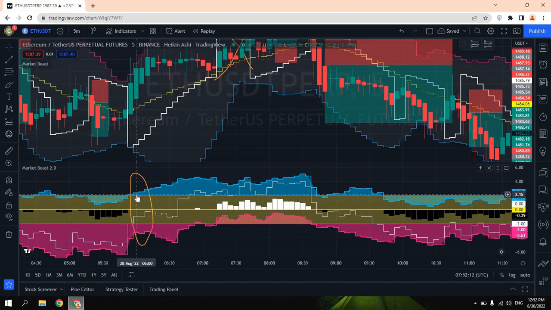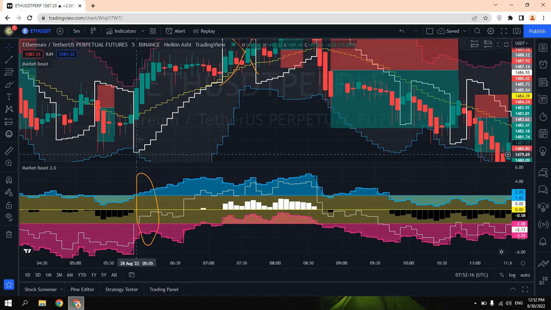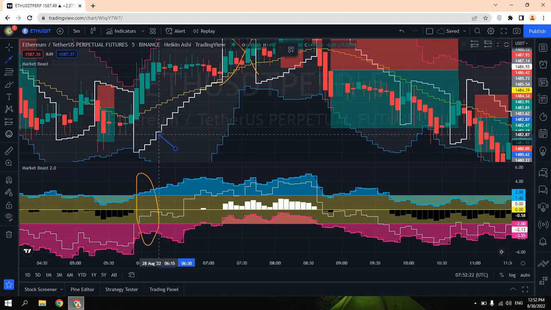First condition was the blue area getting bigger, pink area decreasing. Second condition is this white line is below the price action. Third thing is a candle formed above this yellow line.